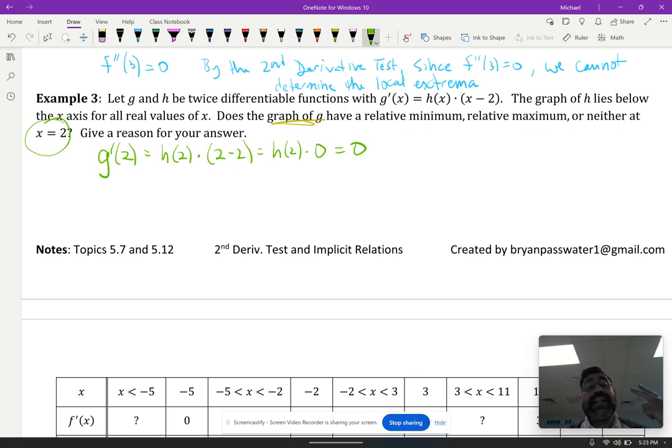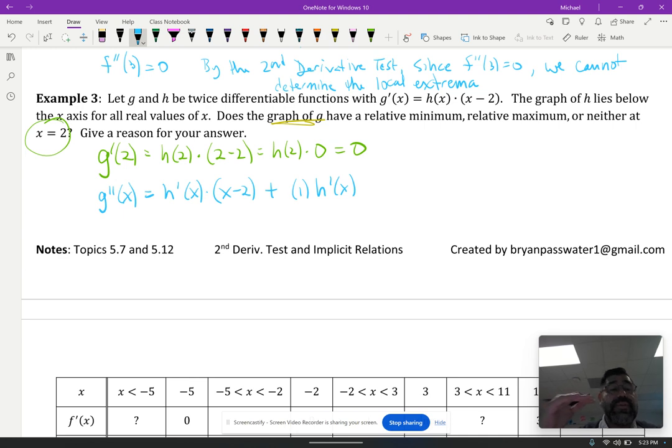Great. Now let's check it into the second derivative. But to check it into the second derivative, we need to take the derivative of g prime. The derivative of this, I'm multiplying, so I've got to do a product rule. Take the derivative of the first times the second, plus take the derivative of the second times the first.